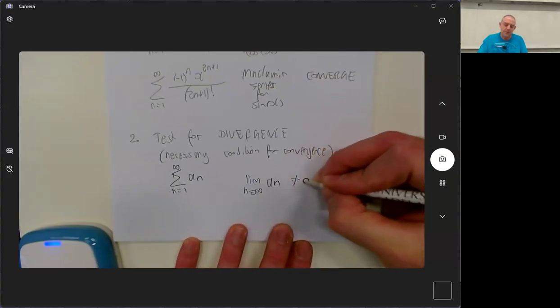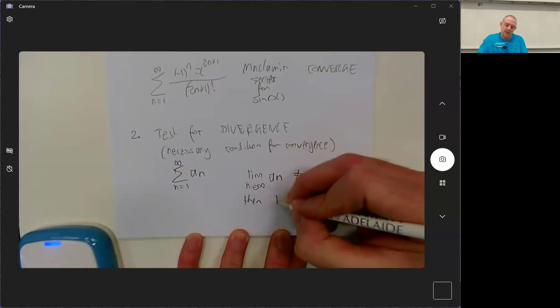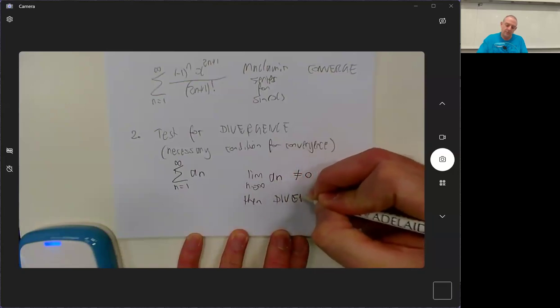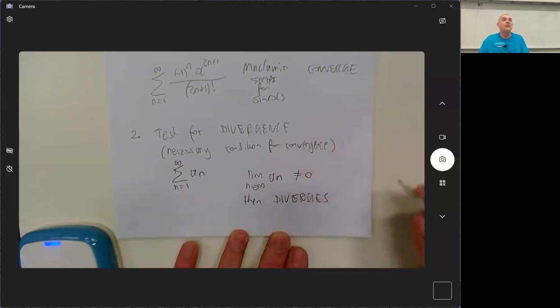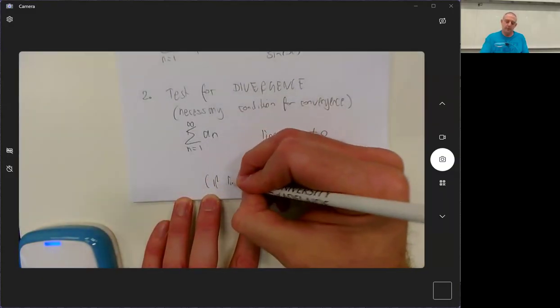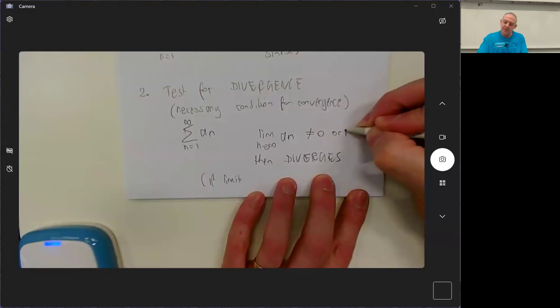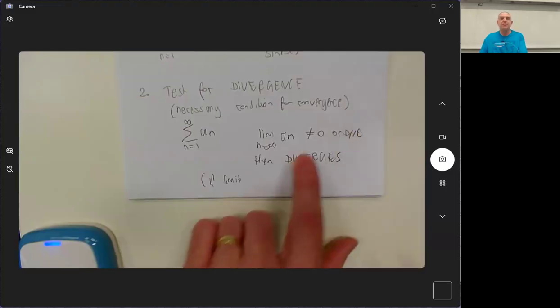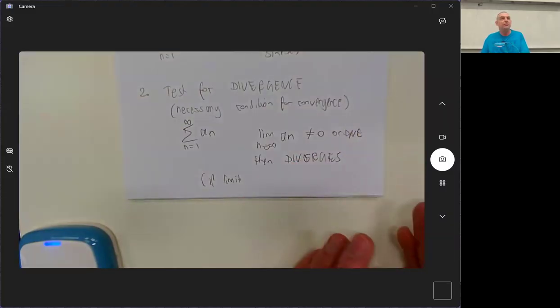If that's not 0, then it diverges. If it is 0, then it's possible that it will converge, but you still don't know. If the limit is not 0 or doesn't exist, then it definitely diverges.